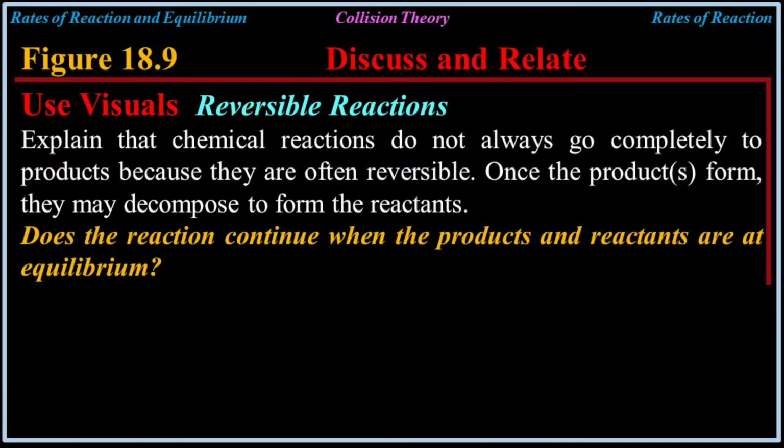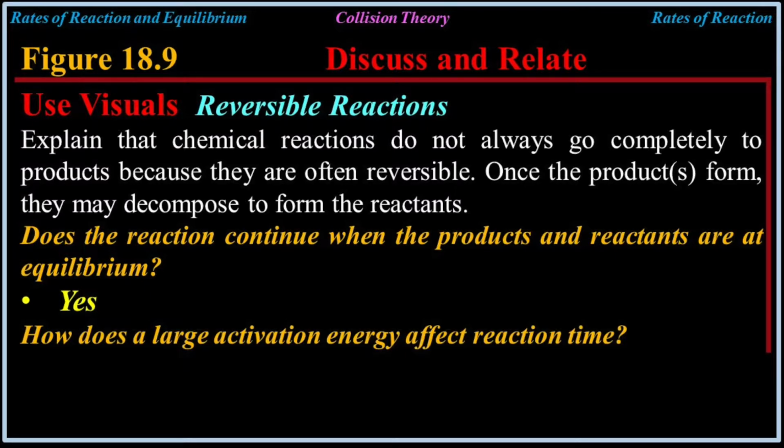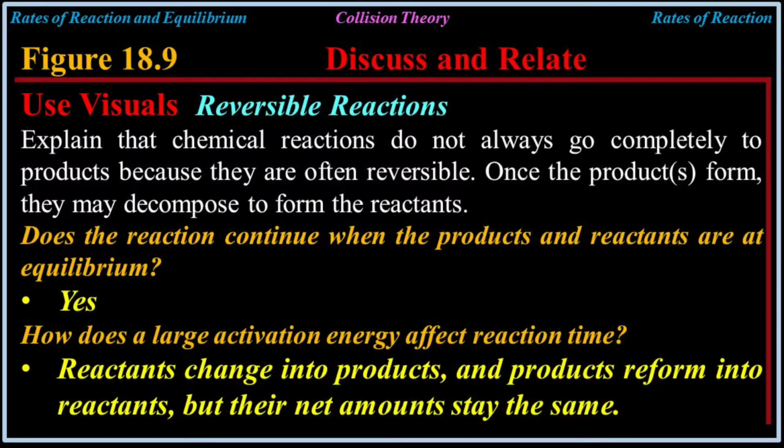Does the reaction continue when the products and reactants are at equilibrium? Yes. How does a large activation energy affect reaction time? Reactants change into products, and products reform into reactants, but their net amounts stay the same.